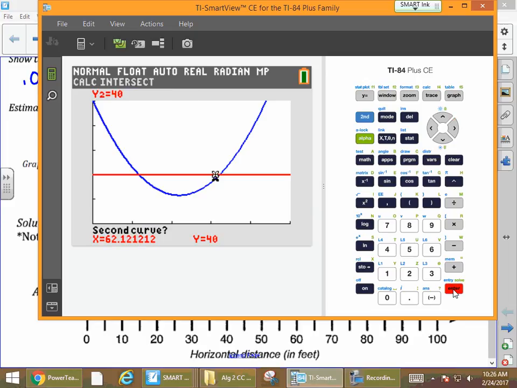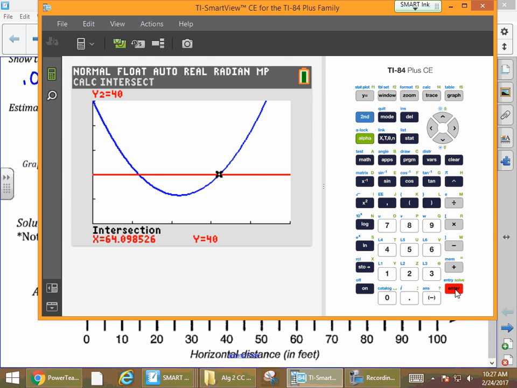That flashing cursor then jumps to the second curve. I don't move it. I leave it there. You can move it if you want to, but it's pretty close already. So we're going to hit enter again. And then thirdly, we've got the guess. We're going to hit enter one more time. And that's going to give us our intersection here of the 64.09.